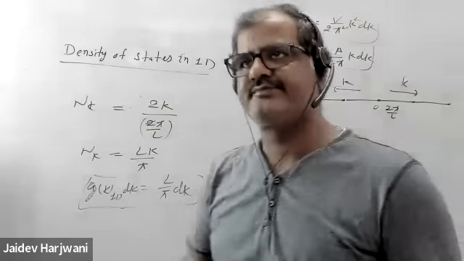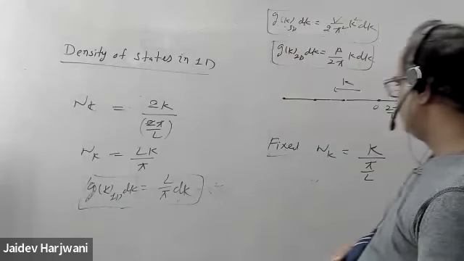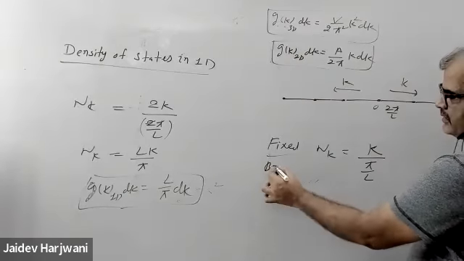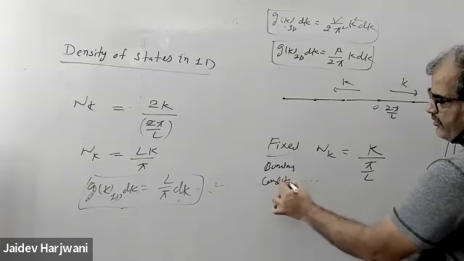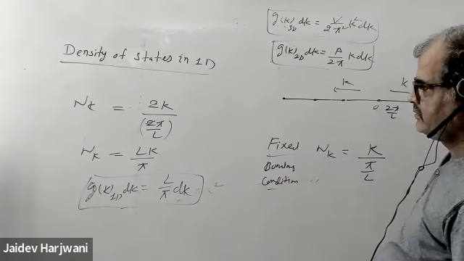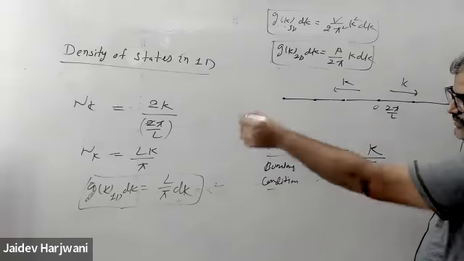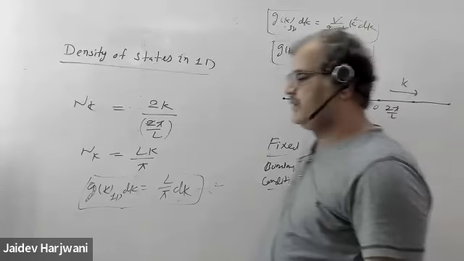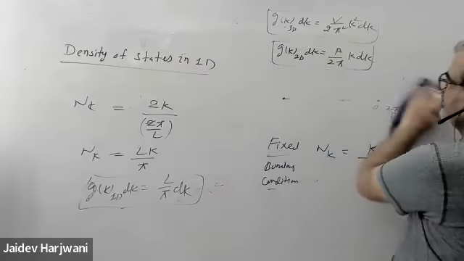Sir, the right side you have written is for fixed boundary, and the left side is for periodic boundary condition. You want to say that both are coming the same? Yes, both are coming the same, same N_k, same will come.